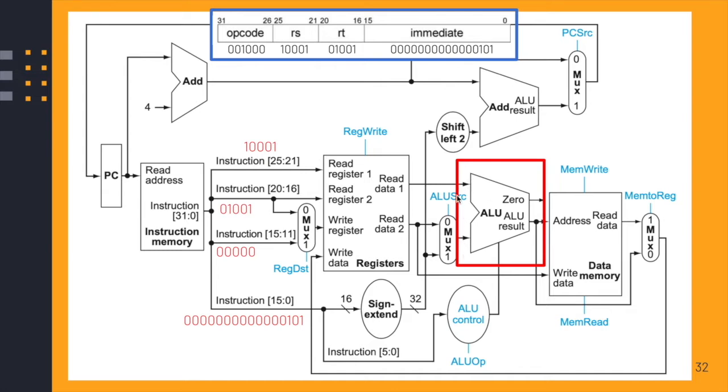It takes two inputs. The first input is always the value of register RS, which is from read data 1. The second input depends on the instruction type. And now at this stage, we definitely know the opcode was processed. As you can remember, we have a control unit which does not appear in this image. It takes in the opcode and releases all control signals.